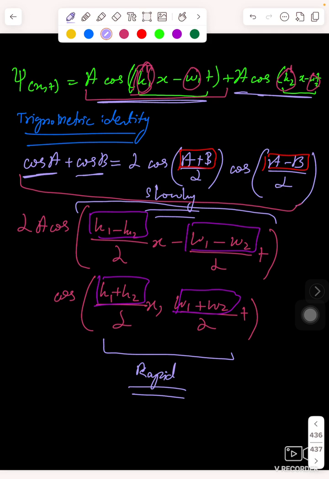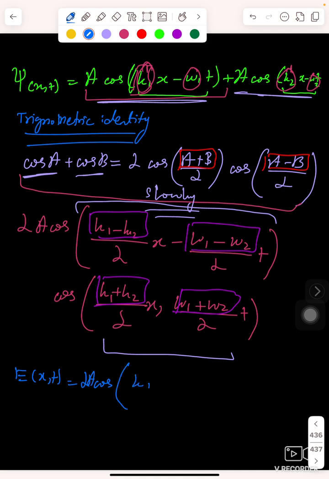Now further simplifying, we get our equation for the change in amplitude over time and space as E of x and t, E with respect to x and t, equals 2a cos of (k1 minus k2 over 2) x minus (w1 minus w2 over 2) t.